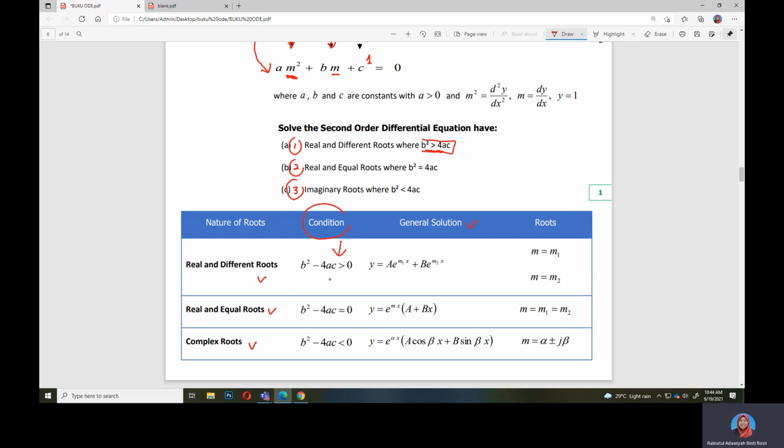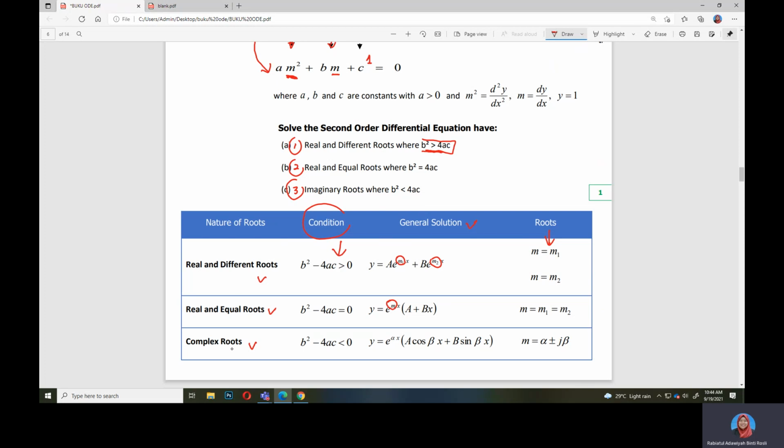After we check the condition, we will find a root. After this, I will let you know how to find a root. After you find a root, you just substitute over here: the m1, the m2. For real and equal roots, you just substitute the value of m.